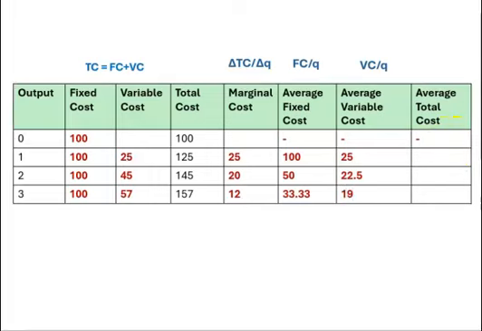Average total cost, the equation is total cost divided by output. Our total cost is here, 125 divided by 1, it's 125. And then it's 72.5 and 52.33.